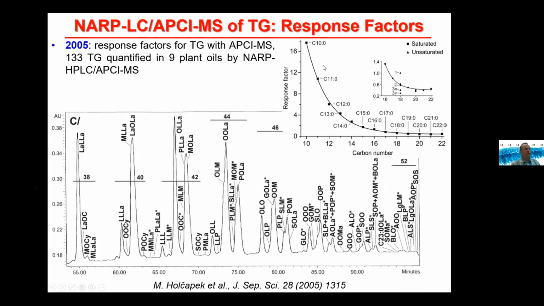Then we continued with the quantitative aspects, as we realized that not all responses are identical. So we introduced the use of response factors, used also by Gerhard Liebisch and other groups, to improve the quantitation and to consider that the response may depend on the acyl chain length and number of double bonds.